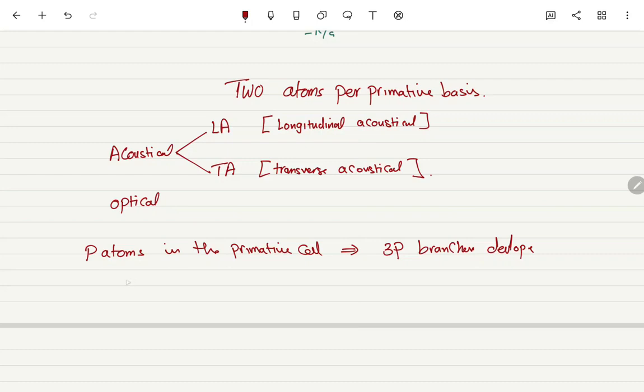Now, 3 of these 3p branches are acoustical branches, and the rest, which is 3p minus 3, are optical branches.